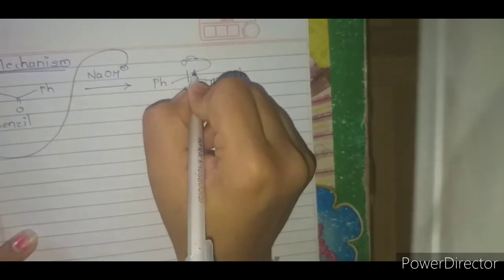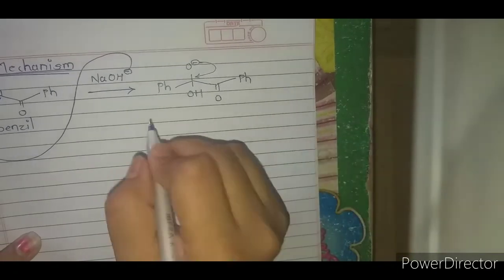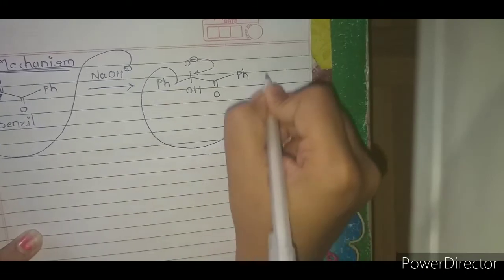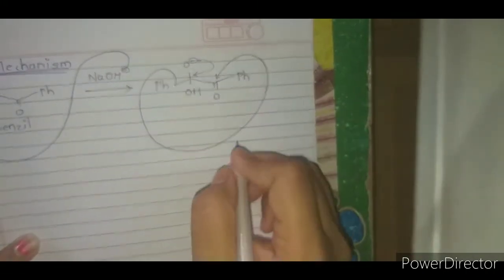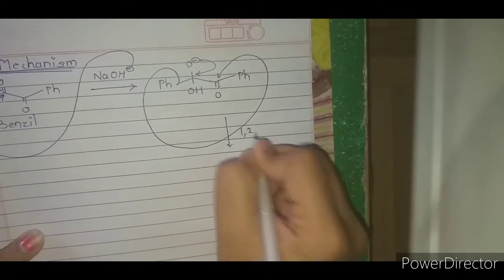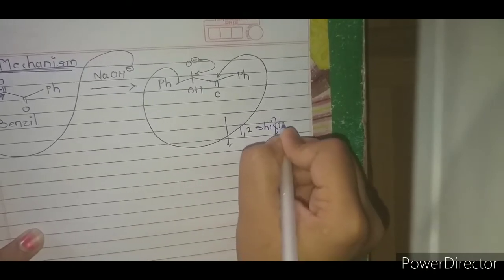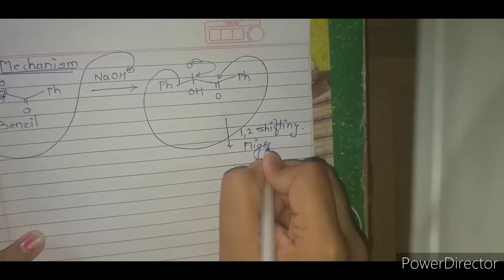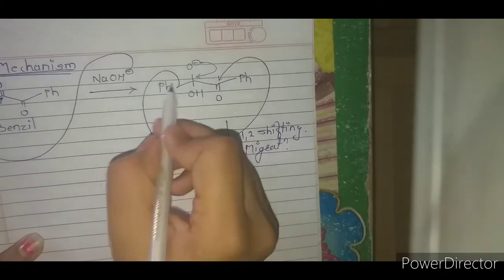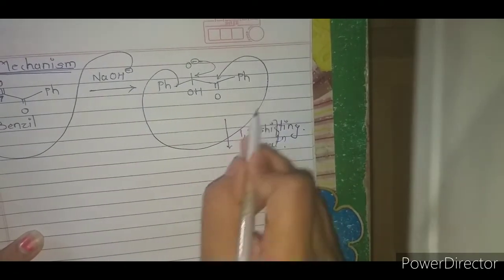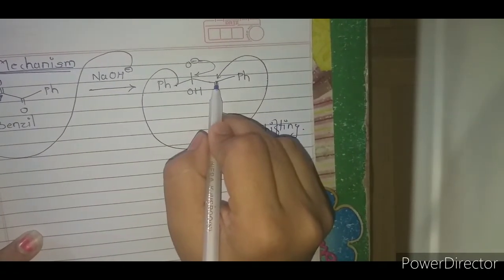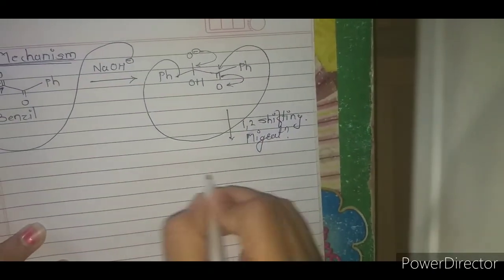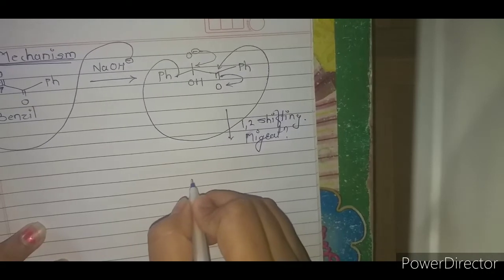This electron is transferred here, and this aryl group migrates to the second position, or you can say 1,2 shifting or migration takes place. So this aryl group is transferred to the second carbonyl carbon, and this bond breaks here and forms this compound.